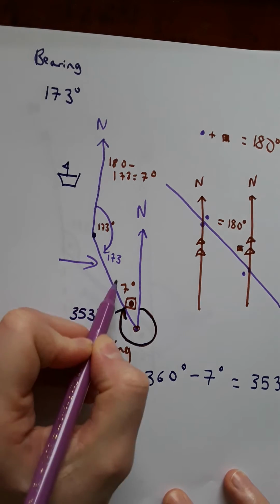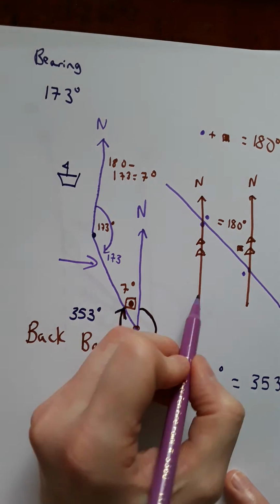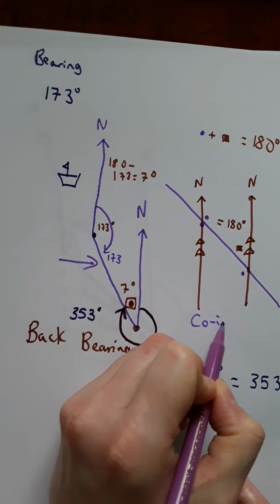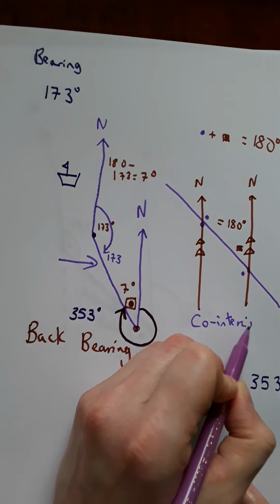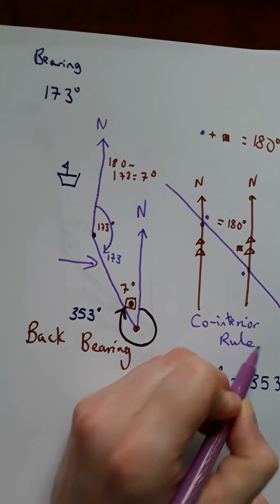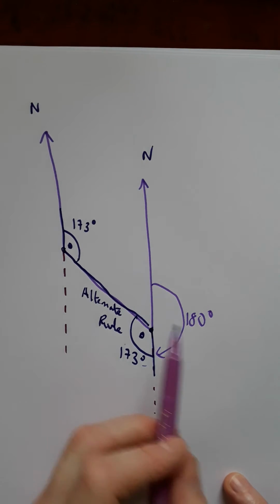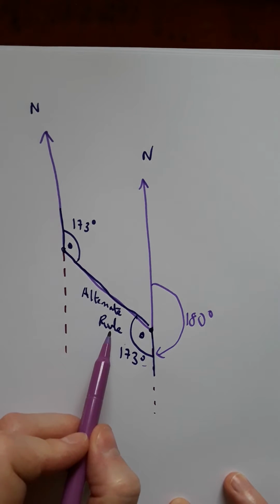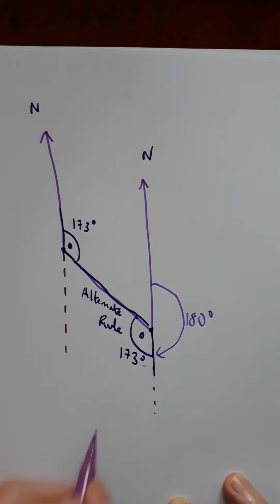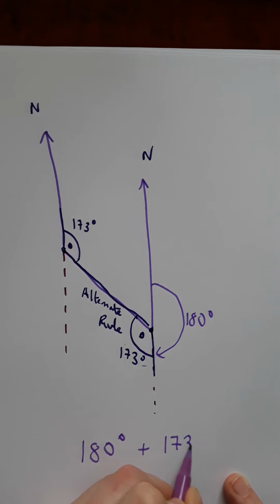So here, to find the 7 degrees, we use the co-interior rule. Here, we're using the alternate rule, and we're just adding 180 degrees onto our original bearing, which would give us 353.